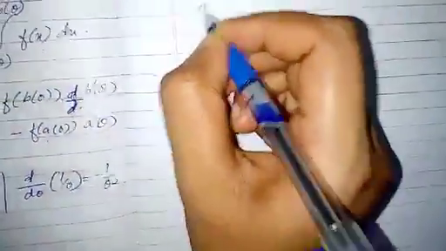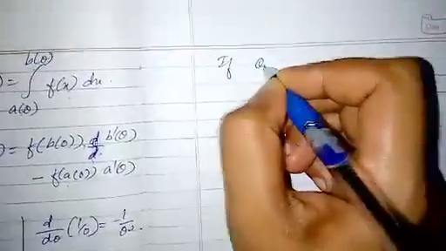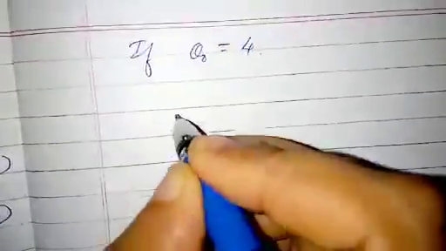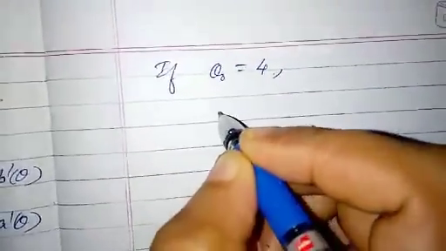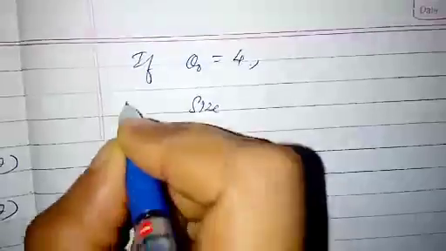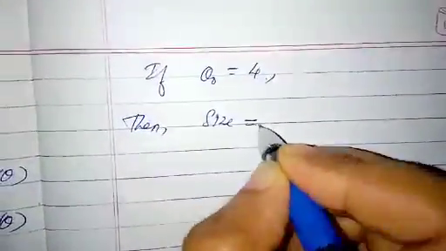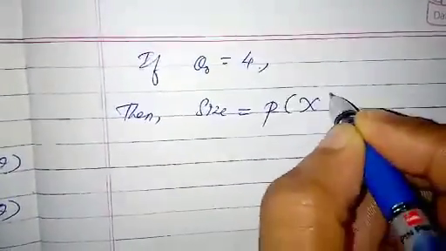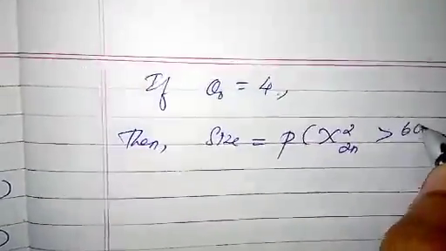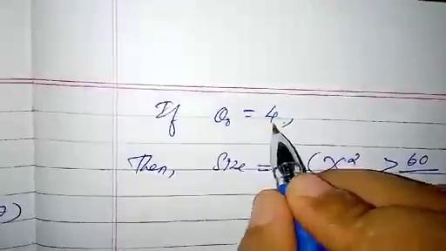For example, if theta naught equal to 4, then what is the size of the test? Then size is equal to probability of chi square 2n is greater than 60 divided by theta, which is 4, right?